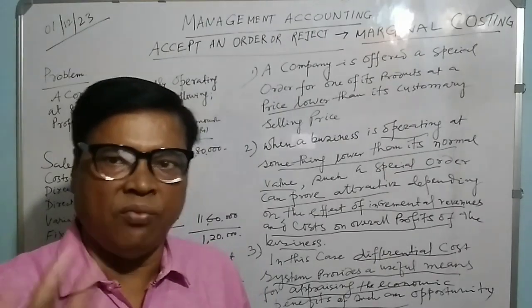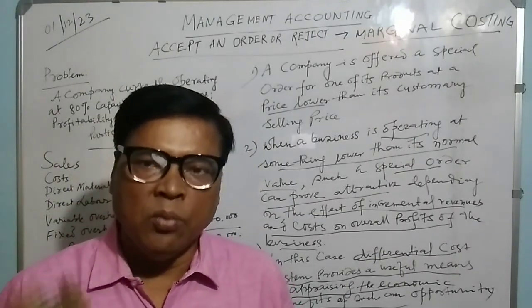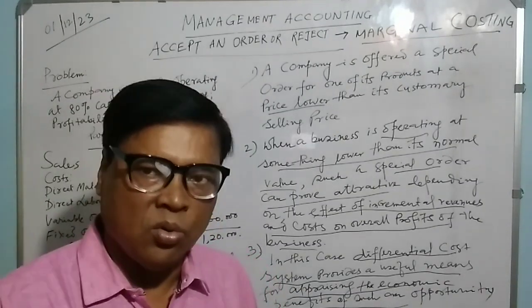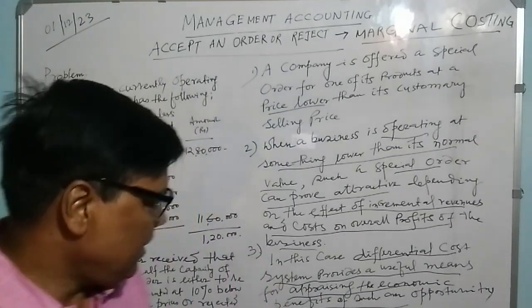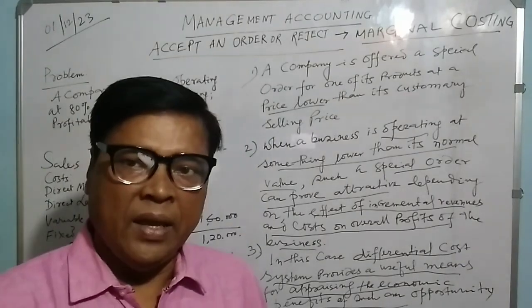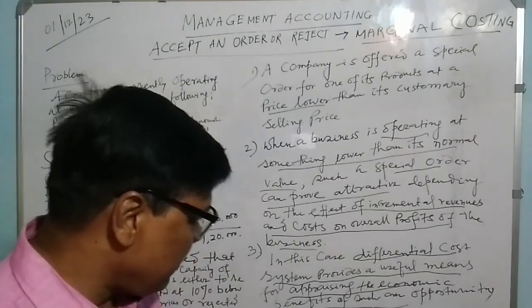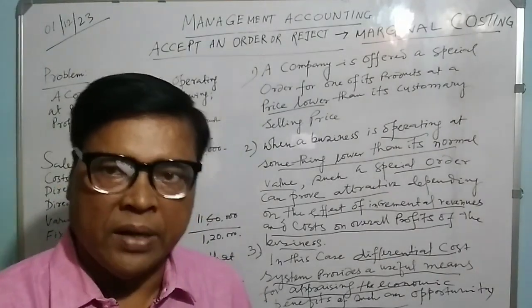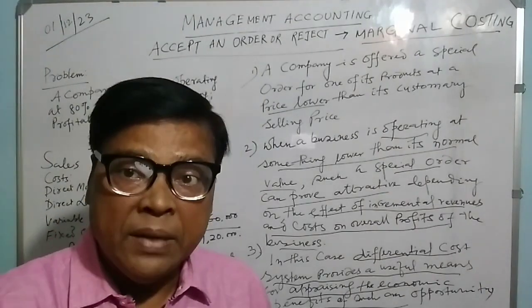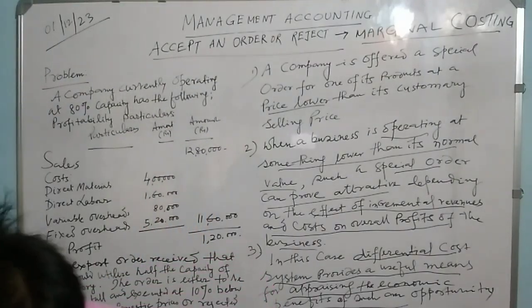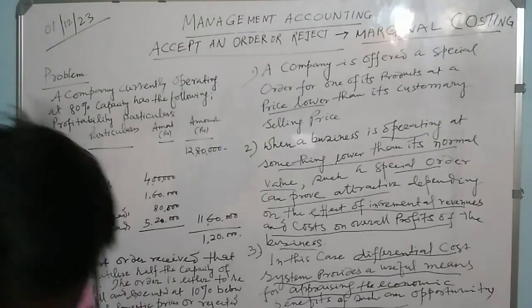Today you got an offer for an export order. Tomorrow whether you will get that order or not, you do not know. So in such circumstances, you will have to judiciously decide whether the export order will be beneficial to you or not. This is the background for these cases.